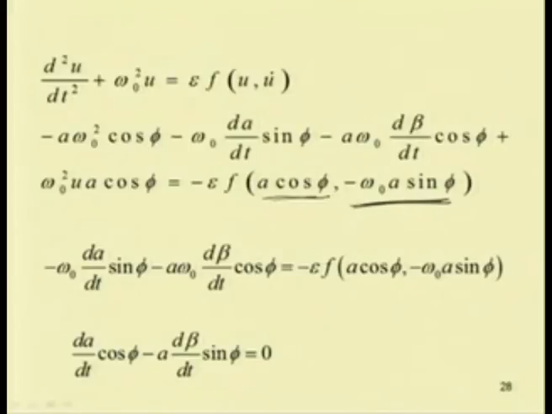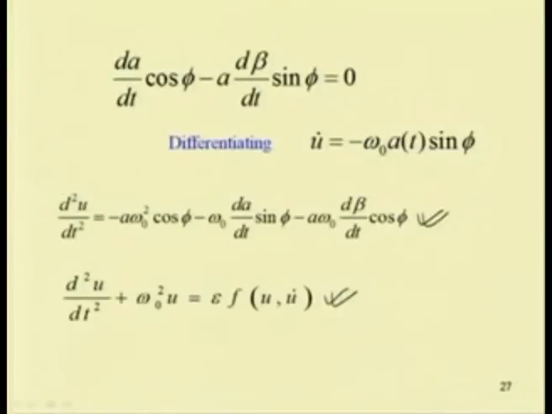Now, taking this equation, we can write it by separating the coefficients of cos and sin. From this we have two equations. This is one equation, and previously we have the equation d square u by dt square plus omega 0 square u equal to epsilon f.